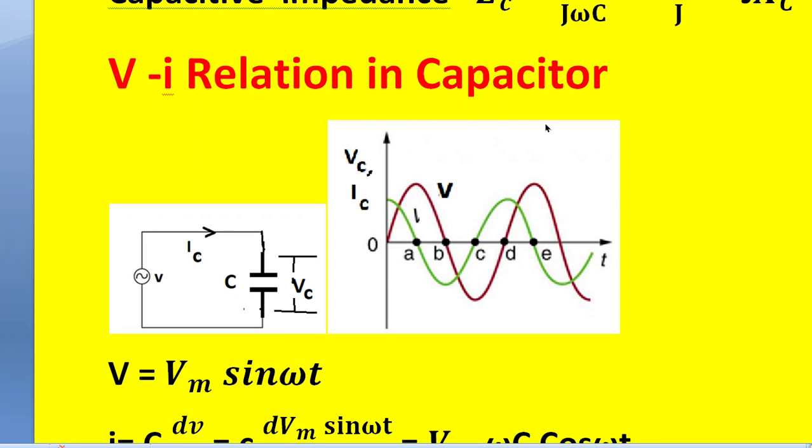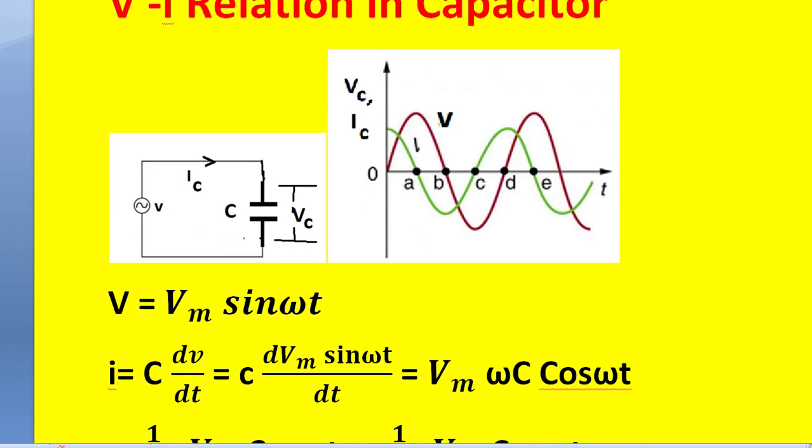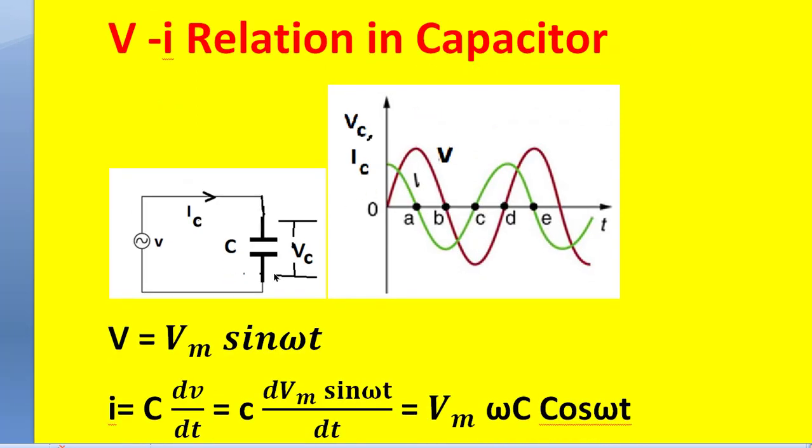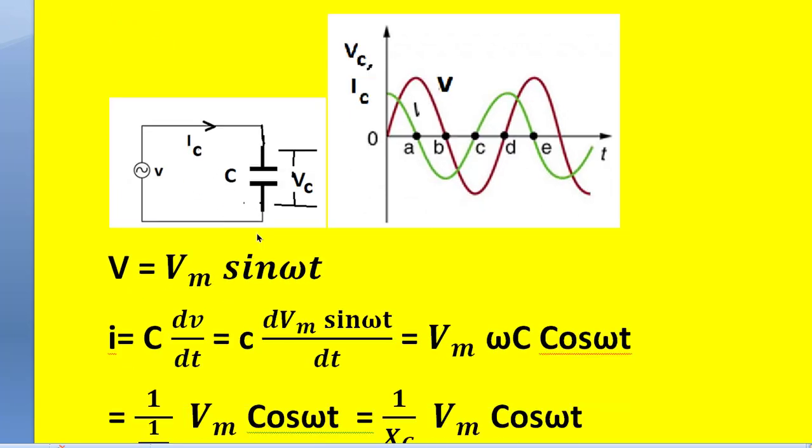Then, VI relations in the capacitor. So let us say the capacitor is connected to an AC voltage source like this, and let us say the capacitor is charging because of the current flowing through this.